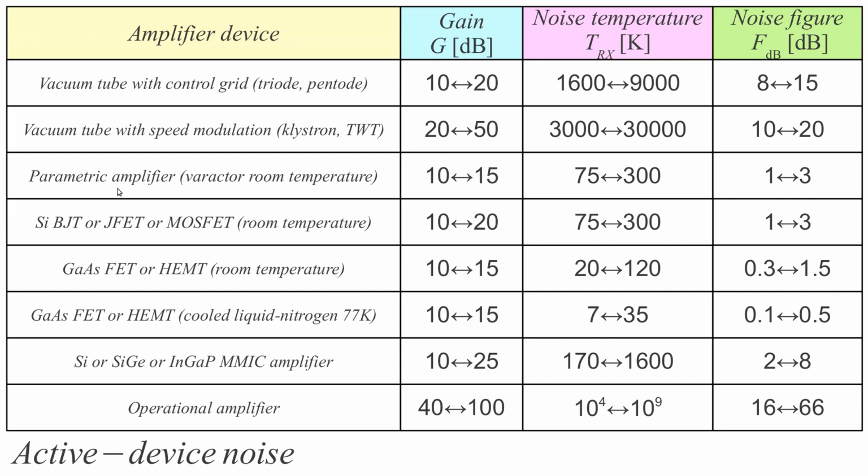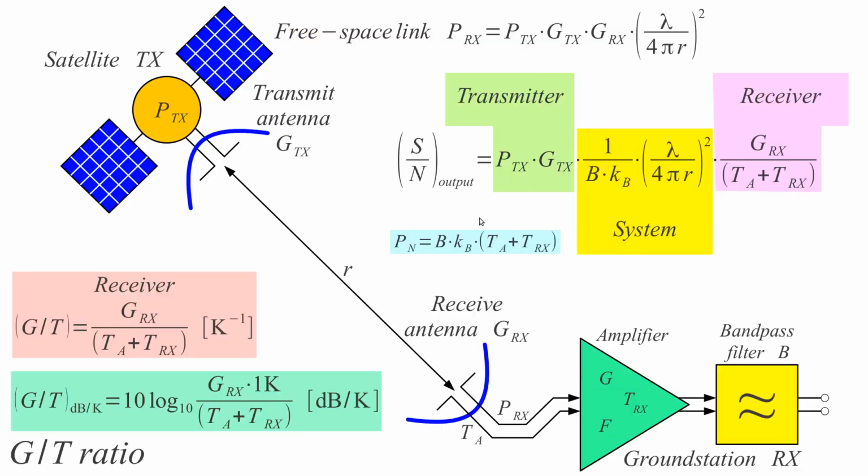In fact, the best laboratory devices do not even require liquid nitrogen to achieve 7 Kelvin of noise temperature. You can achieve 7 Kelvin even at room temperature with the best available transistors today. All these devices have quite a lot of gain, so usually the second stage is not that important.